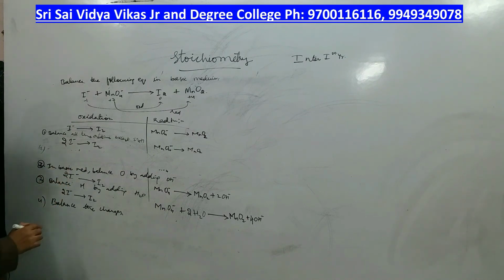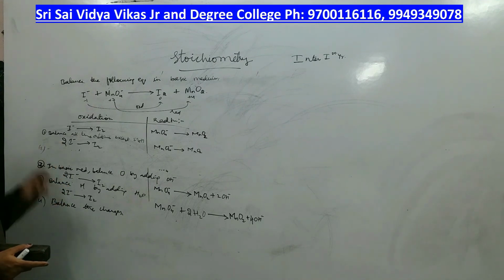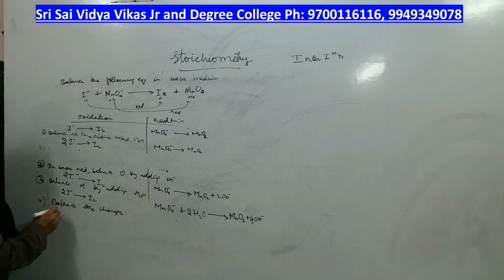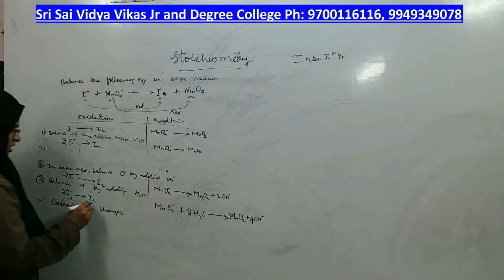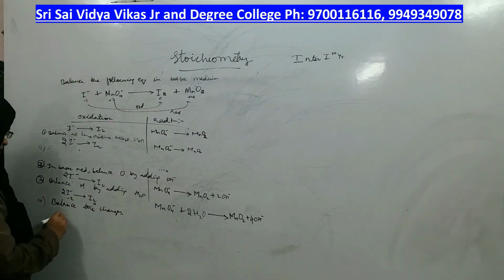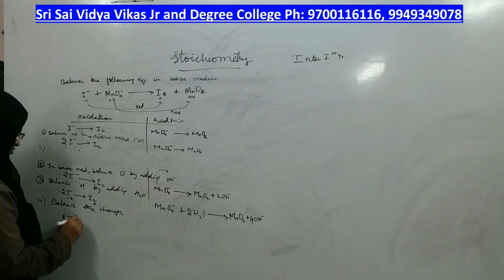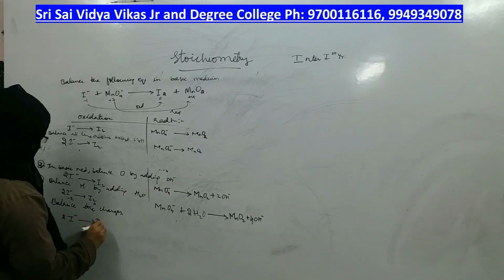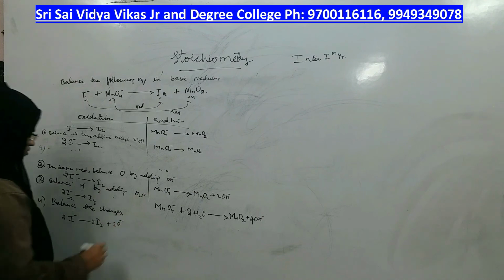We just ignored that step because everywhere it was not needed. So here also we ignored. But 2 iodide, 2 iodine, right? So now balance the charges. How can we balance the charges? Each iodide is having -1. So -2 was the charge. Here 0. That means how many electrons are lost? 2 electrons are lost. So we will write that it is losing 2 electrons.